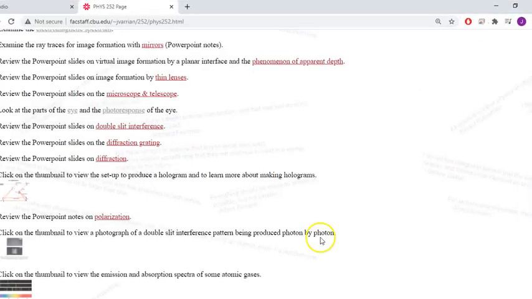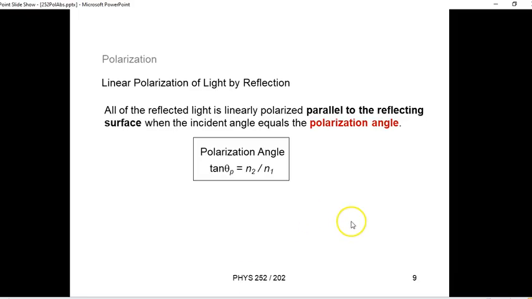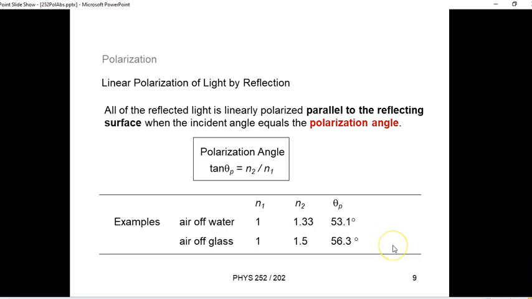Let's go back here. This just gives you some typical values. You can see right here that if you're talking about light reflecting off water from air, the polarization angle is about 53 degrees.